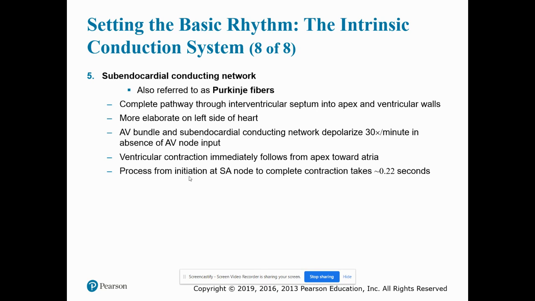More elaborate on the left side of the heart. And then the AV bundle and subendocardial conducting network depolarize around 30 times per minute in the absence of AV node input. And then ventricular contraction immediately follows from apex toward atria. The process from initiation at SA node to complete contraction takes about 0.22 seconds.